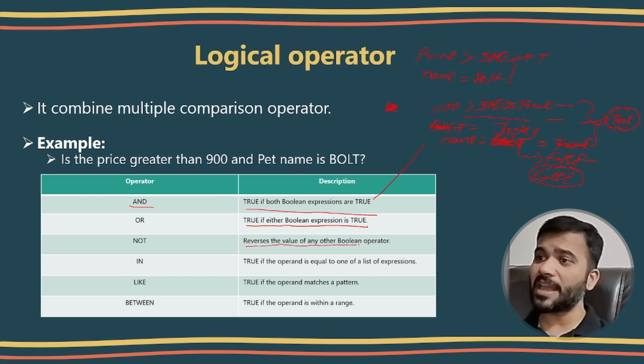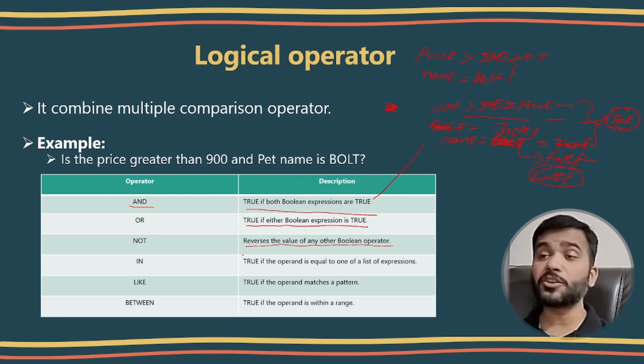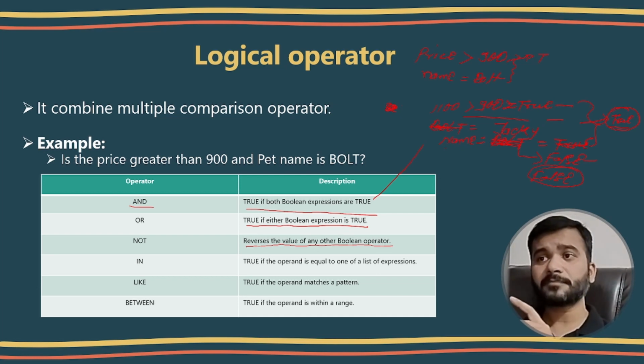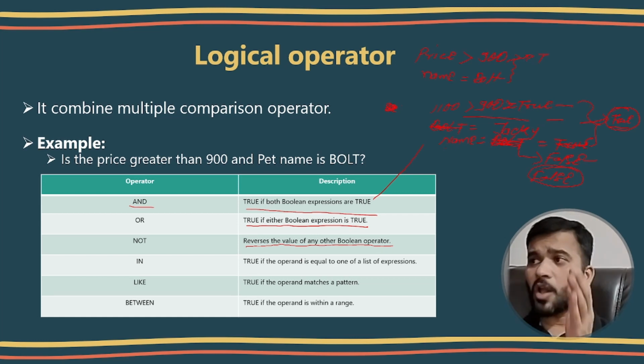Now what does NOT do? It reverses the value of any Boolean operator. Whatever you pass in that Boolean value, if it returns true, then it will return the false value only. Let's say whatever you don't want, you put in a NOT. And IN: let's say you have a list of values, like you want to find out whether the pet name is Jackie, Bolt, Tim, or XYG.